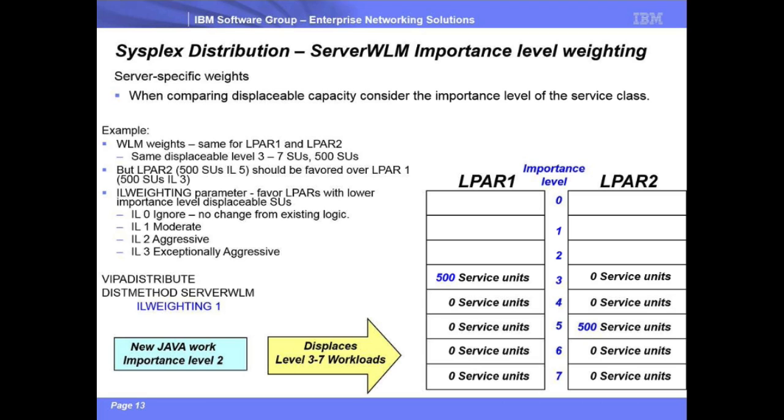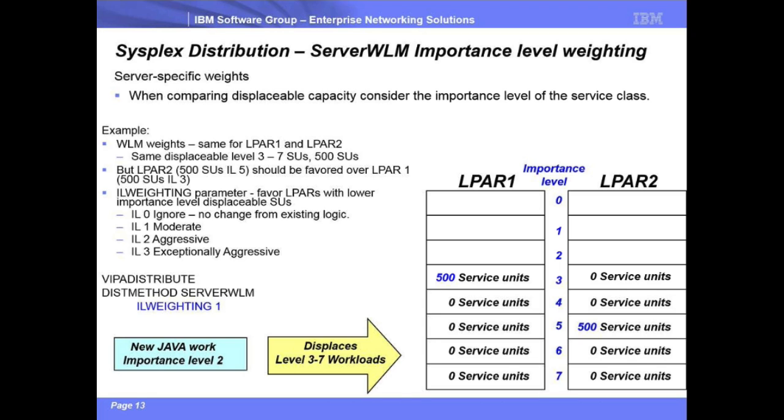So to do this, an importance level weighting parameter can be configured. In this example, if an importance level weighting parameter of 0 is configured, then the importance levels of the lower importance work are not considered.